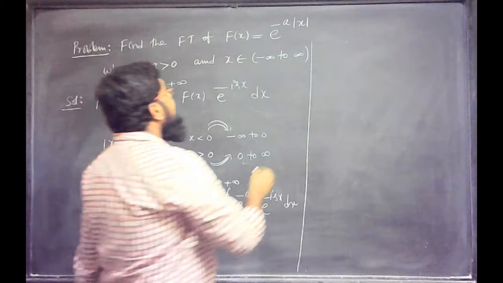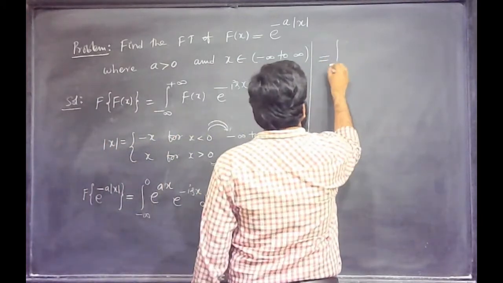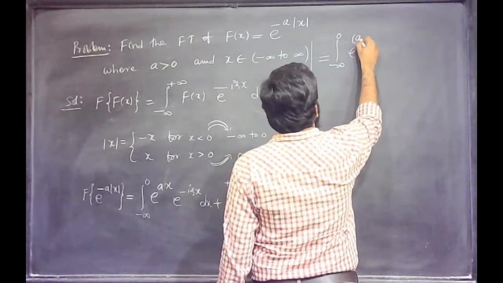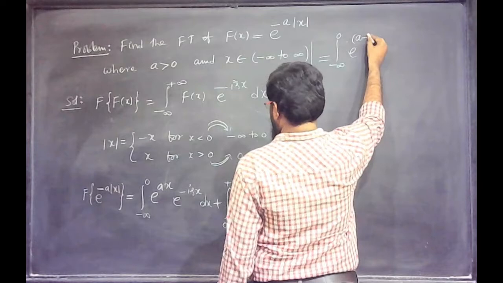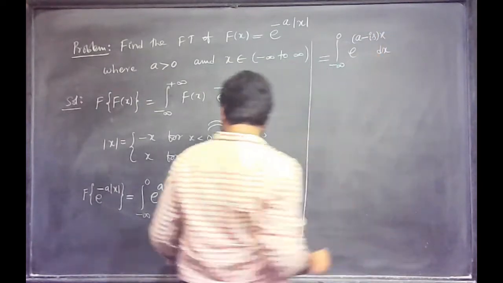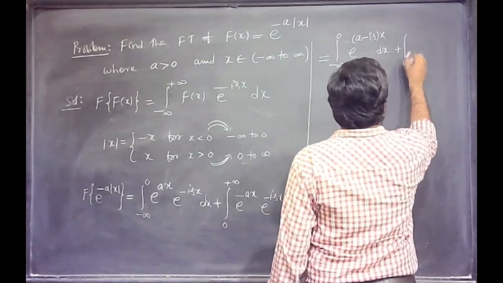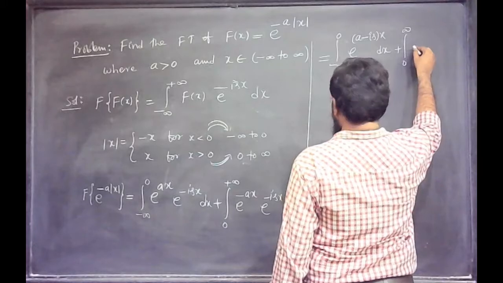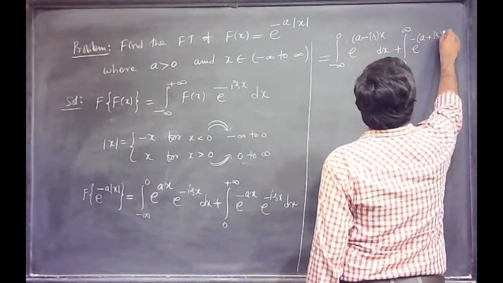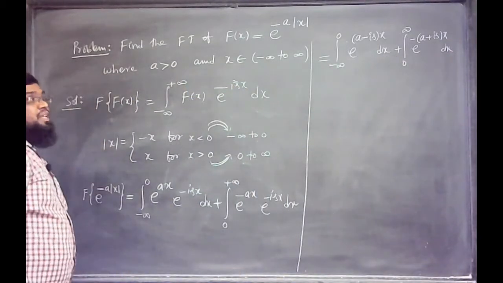So that is Fourier transformation of that function will become now minus infinity to 0 e power (a minus is) into x dx plus 0 to infinity e power minus (a plus is) into x dx. Okay, this is the story.